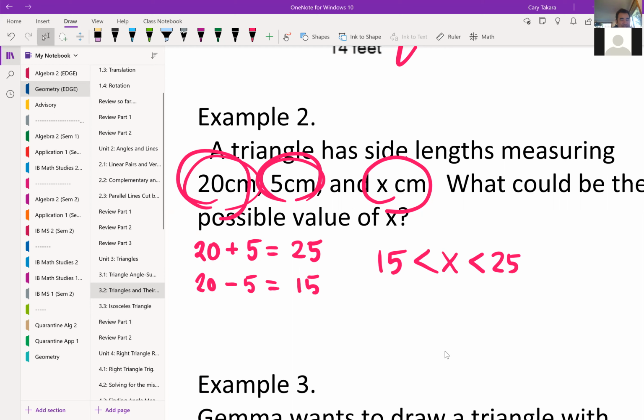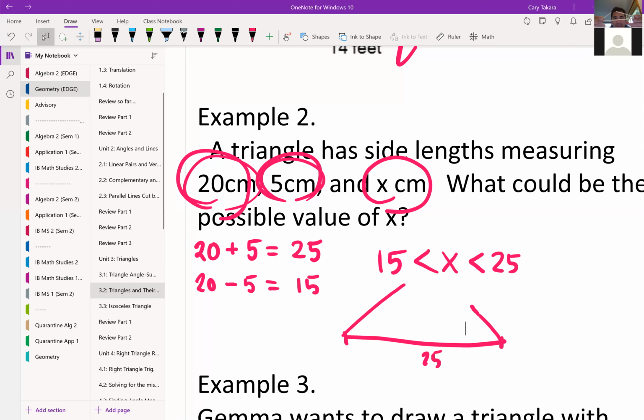Does that make sense? Now, why not 25? Well, let me show you. If I have a 25 right here, and then we've got 20 and then 5, right? Let's say 25 on the bottom, and then I've got 20 and 5.